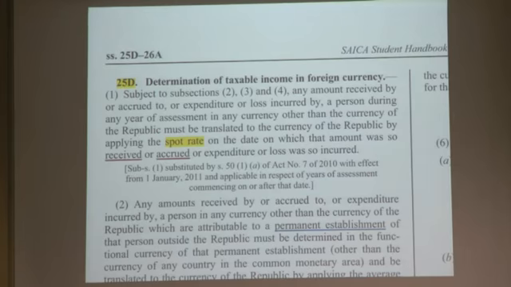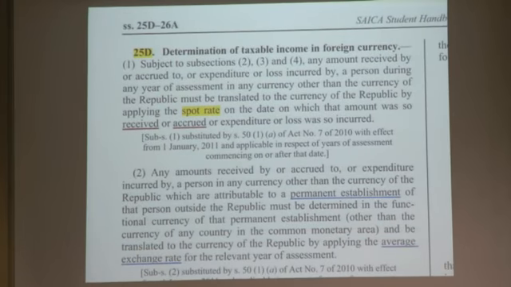So when I look at my calculation, it says any amount received by or accrued to the person or expenditure or loss incurred by the person must be translated on the date on which the amount was received or accrued, or the expenditure was incurred. So now I have a loss that is actually only claimable when it goes bad. So on that date, I have a 1140 rate.